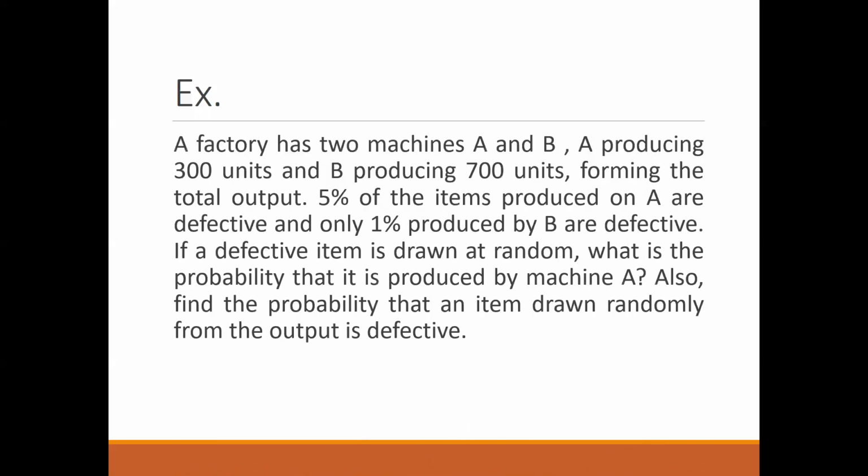Okay, this is a question given to us. A factory has 2 machines, A and B. A is producing 300 units and B is producing 700 units.